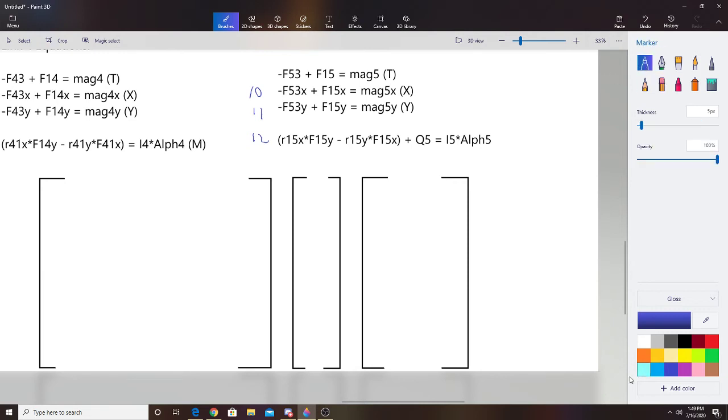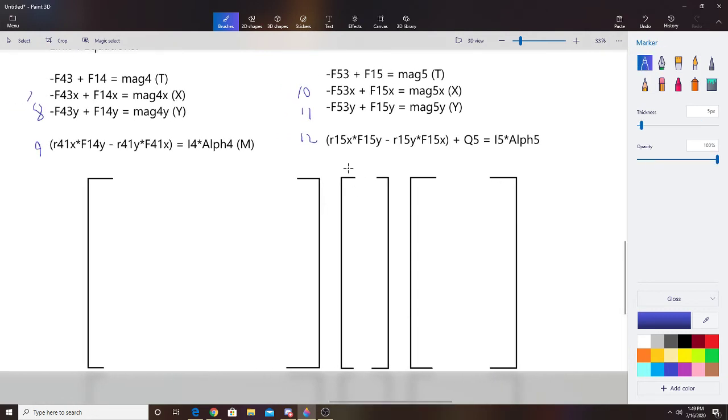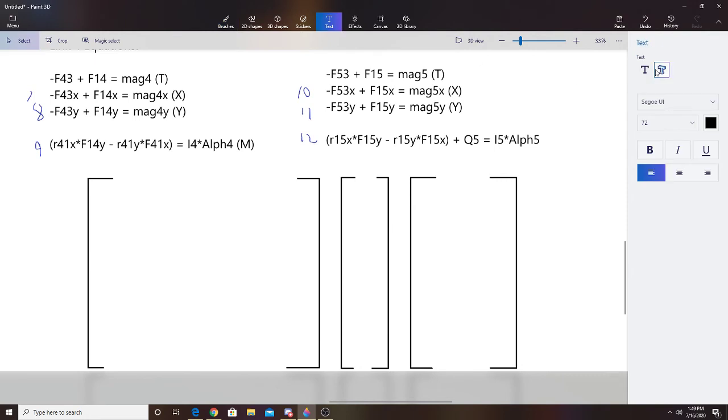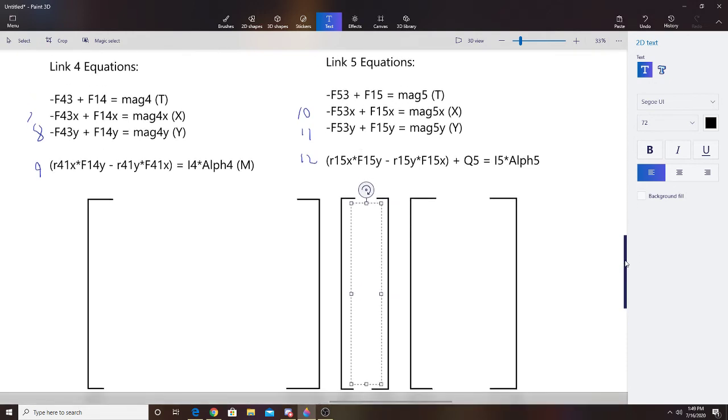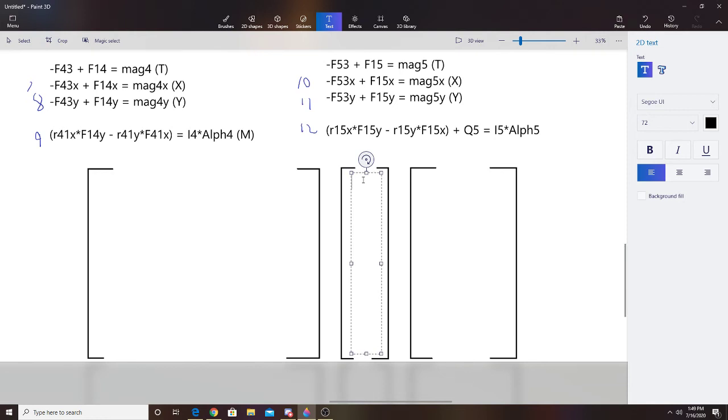All right, so now we can fill in our unknowns right here. How we're going to fill them in is we're going to take it from our unknowns list. I'm just going to do it from my head: F12x, F12y, F23x, F23y, F34x, F34y.